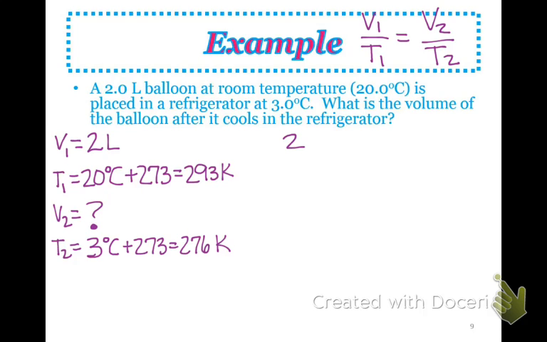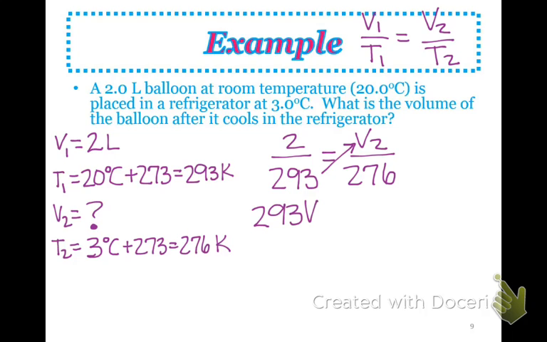So I have 2 over 293 equals V2 over 276. So now it's just a matter of I cross multiply to solve. So 293 V2 equals cross multiply. So I have to take 276 and multiply it by 2. So 276 multiplied by 2 is 552.